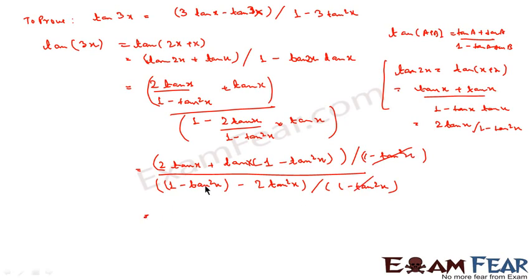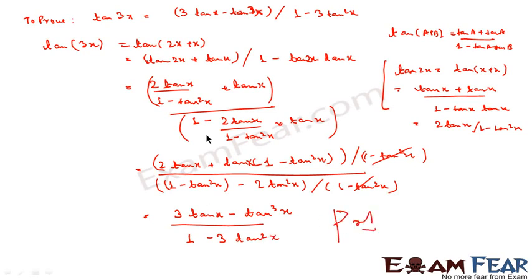So what we get is 2 tan x plus tan x minus tan square x, that is 3 tan x minus tan cube x, because this is tan square x into tan x, divided by this, we get 1 minus tan square x minus 2 tan square x, this becomes 1 minus 3 tan square x, and that's what we have proved.